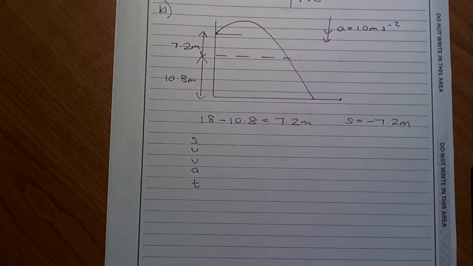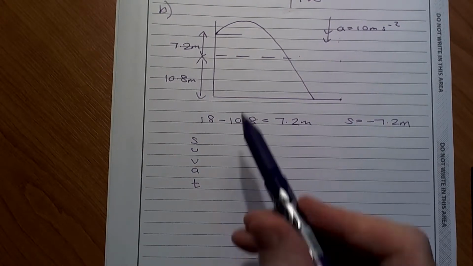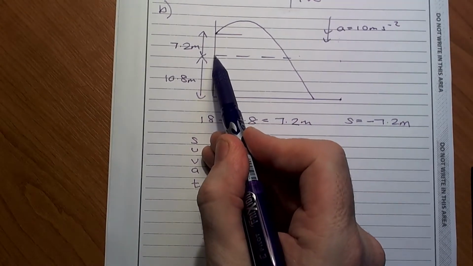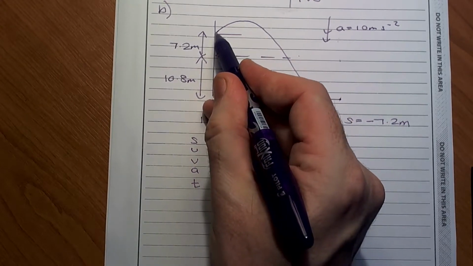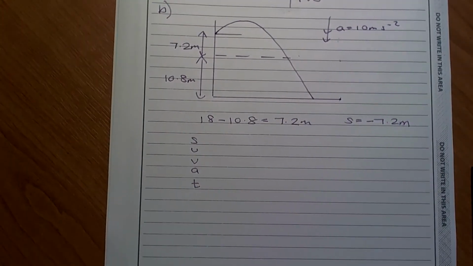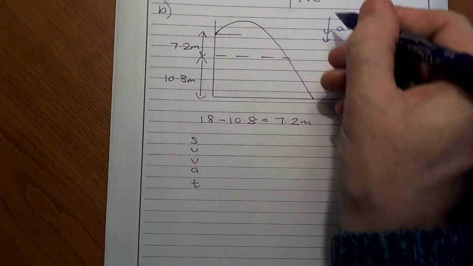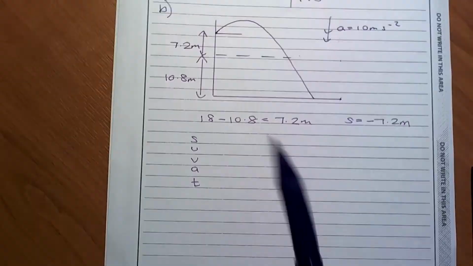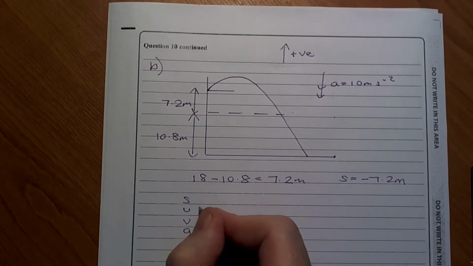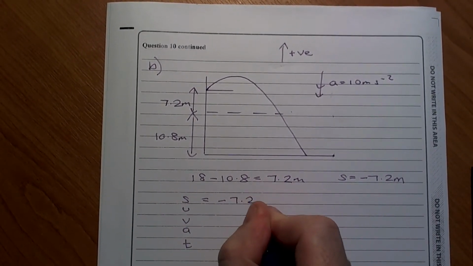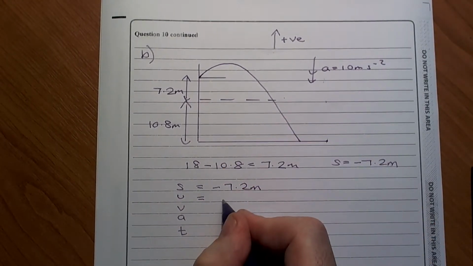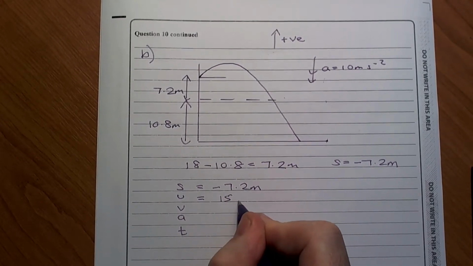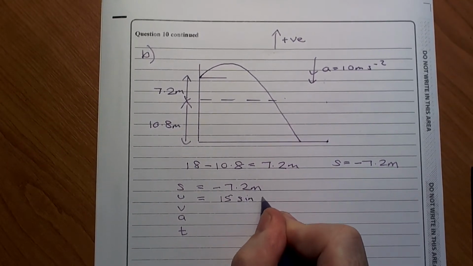Part B of the question asks us to find the speed of the stone when it's 10.8 meters above sea level. So if you think, 10.8 meters above sea level, if we take 18, which is our height, take away 10.8, it means it's actually dropped 7.2 meters. So I'm going to make our positive direction as going upwards again. So our S, our displacement, is going to be minus 7.2 meters. U is going to be 15 sine alpha.